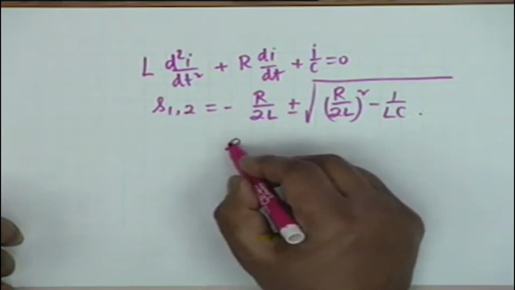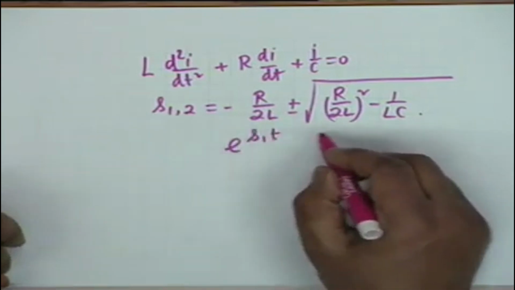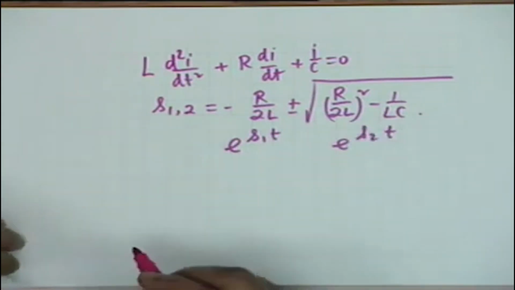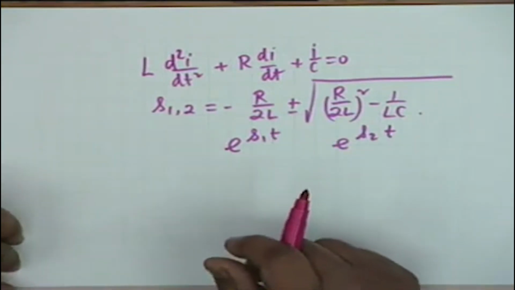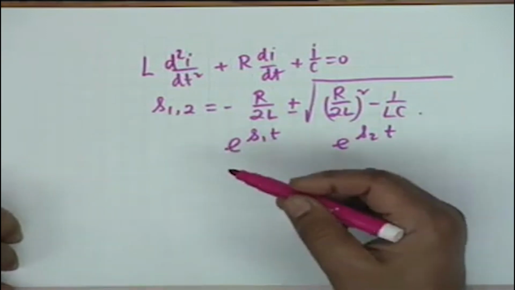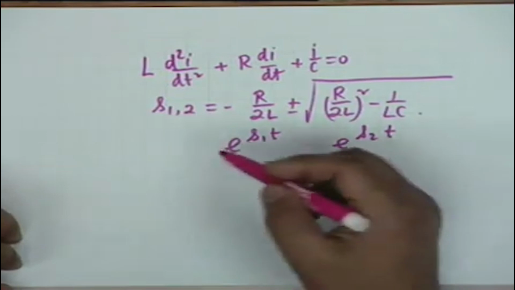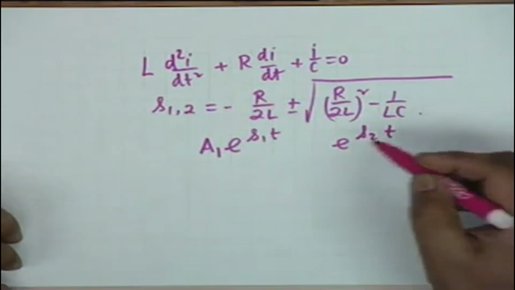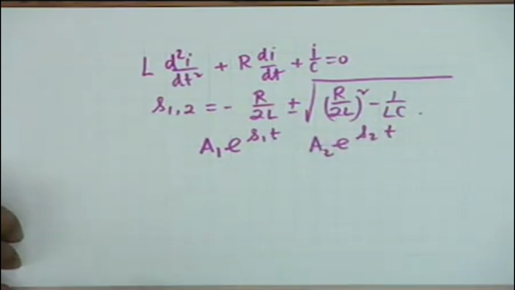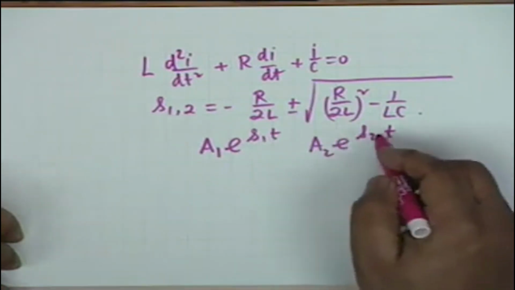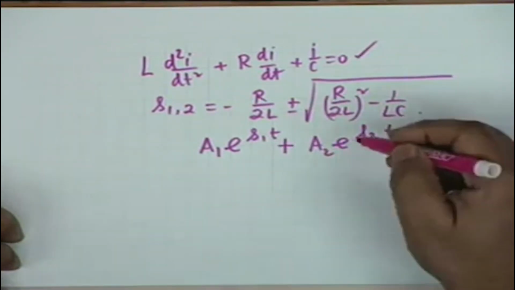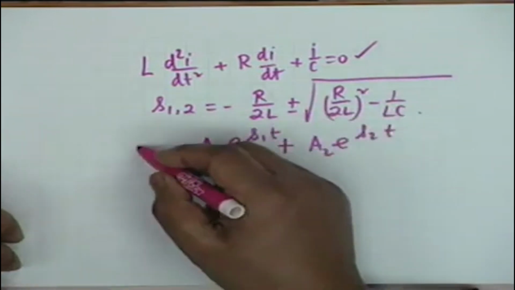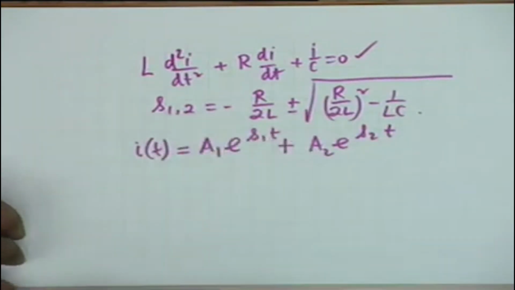Therefore the solutions are e to the s1t and e to the s2t. Both of them shall satisfy the original differential equation, and multiplying by any arbitrary constant will not affect the solution, so we say these constants are, let us say, A1 and A2. Both of them individually satisfy the original differential equation, so the sum of them should also satisfy it, and this qualifies as the general solution to the original differential equation.